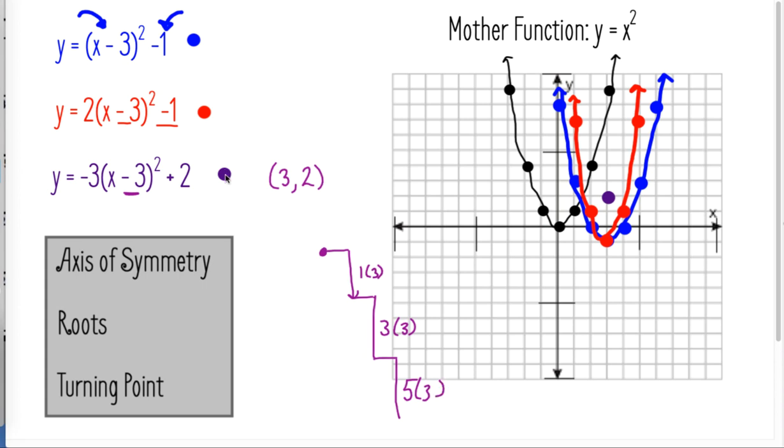Over 1, down 1, 2, 3. Over 1, down 1, 2, 3, 4, 5. And we can't get our 6, 7, 8, 9, because 3 times 3 is 9, Mrs. Trulin.